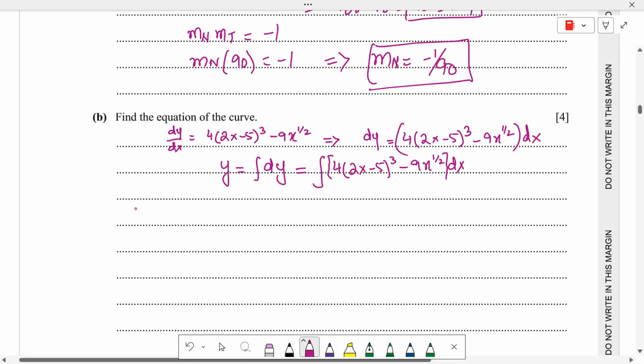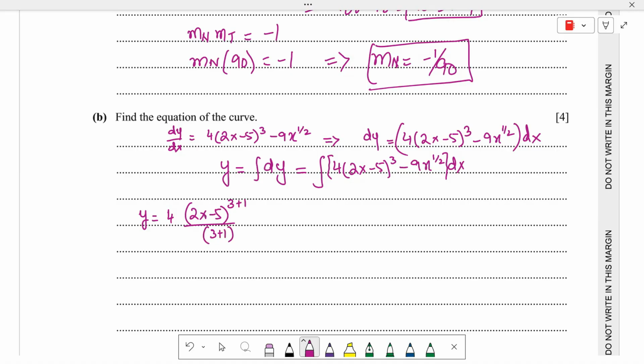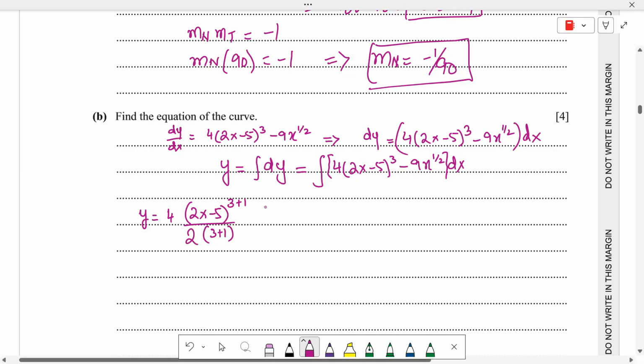So y is equal to 4 times the integration of (2x minus 5) cubed, where the power 3 is increased by 1, over 3 plus 1. Since 2 is multiplied with x, it will be divided. Minus 9x to the power of 1 by 2 plus 1, over 1 by 2 plus 1.